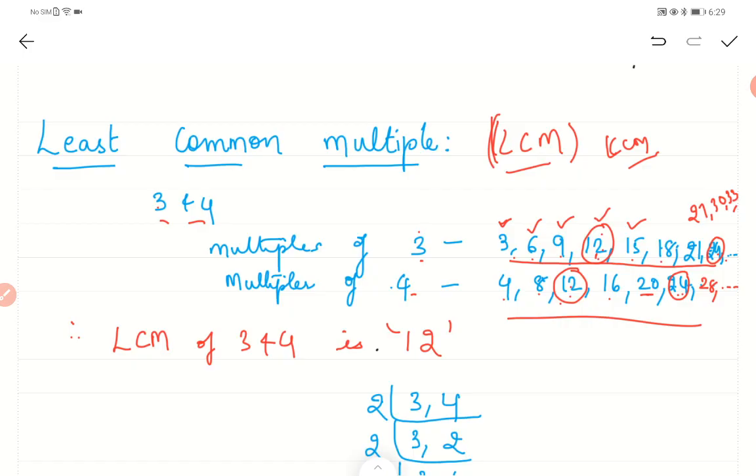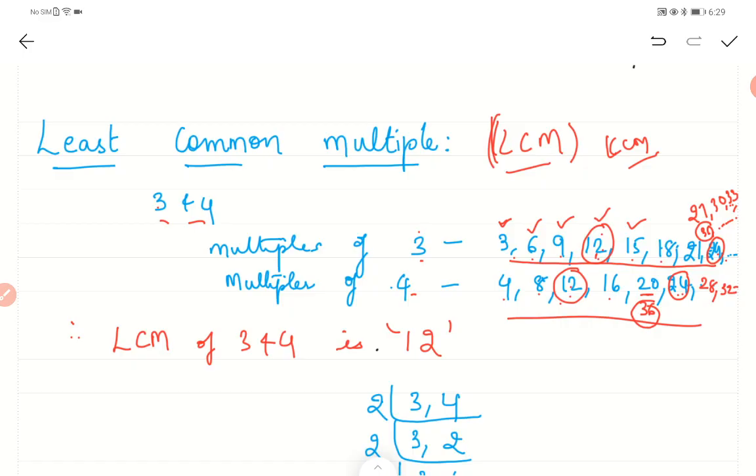What about more multiples of 4? After 28 you'll have 32, and then 36. So you'll get 36 as the next common multiple. In the 3 table, after 33 you'll get 36, isn't it? So the next common multiple would be 36.